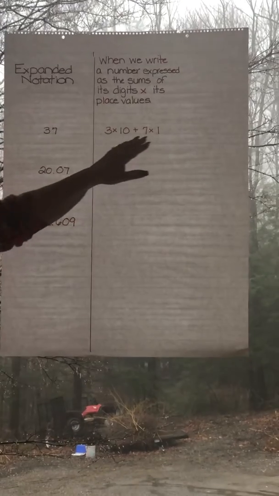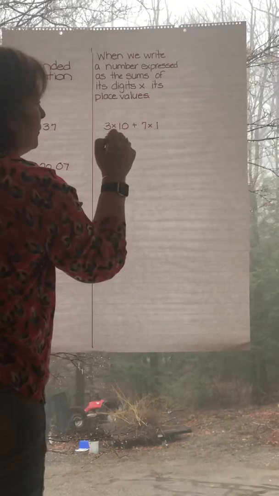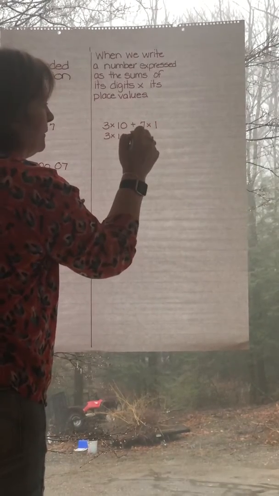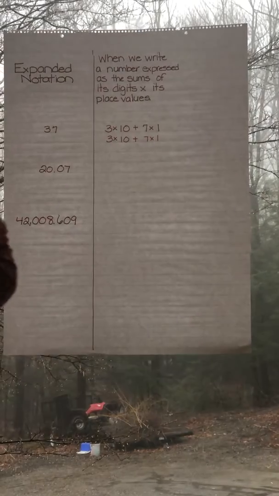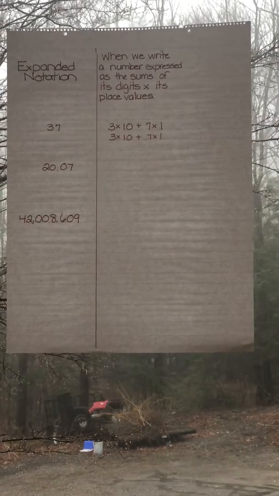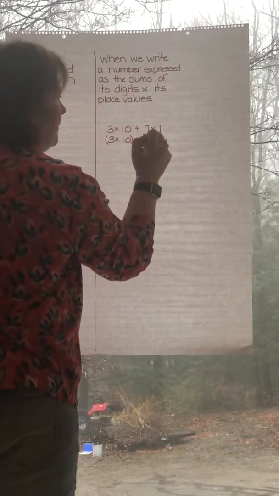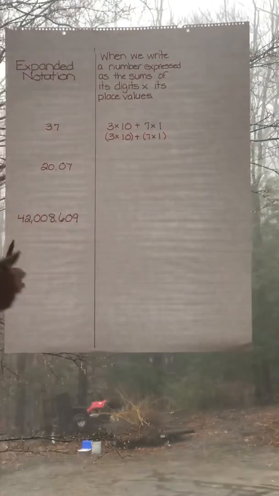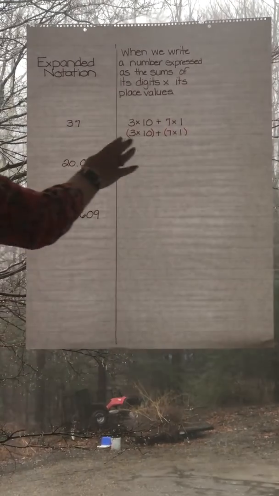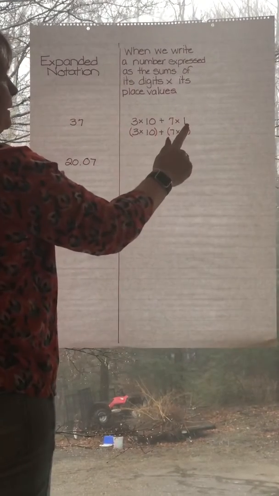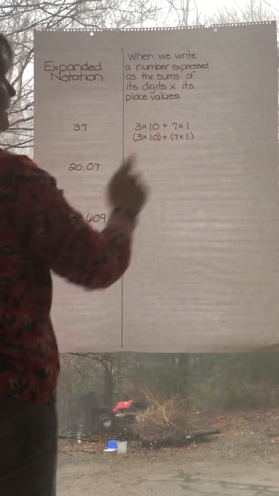Now it is fine to write it like this. What I tend to do, even though it's not necessary, is put parentheses around it just so I can look at the digit times the place value. Either way is correct, and often you'll see it this way because the order of operations tells us we don't need these parentheses.